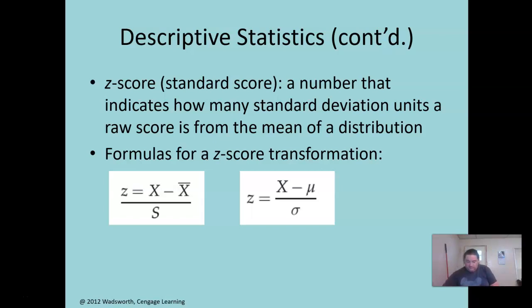So your sigma, this score right here, if you look on page 119, is equal to the standard deviation, or the square root of the sum of x minus the mean squared, divided by n.